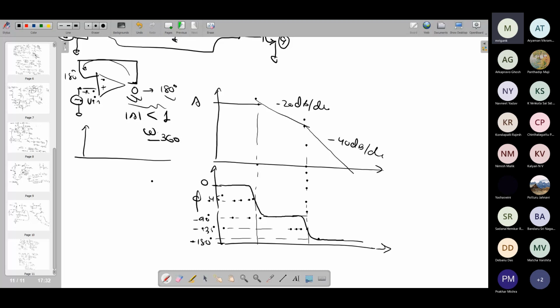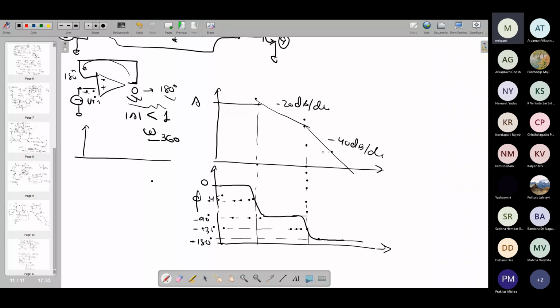Now in this case, how do we define the phase margin? The phase margin is the point in the frequency for which, just a minute, my pen's cap dropped. Yes. So the frequency at which the overall gain is becoming unity. That means your gain started from A naught and it is degrading after the first pole and second pole.